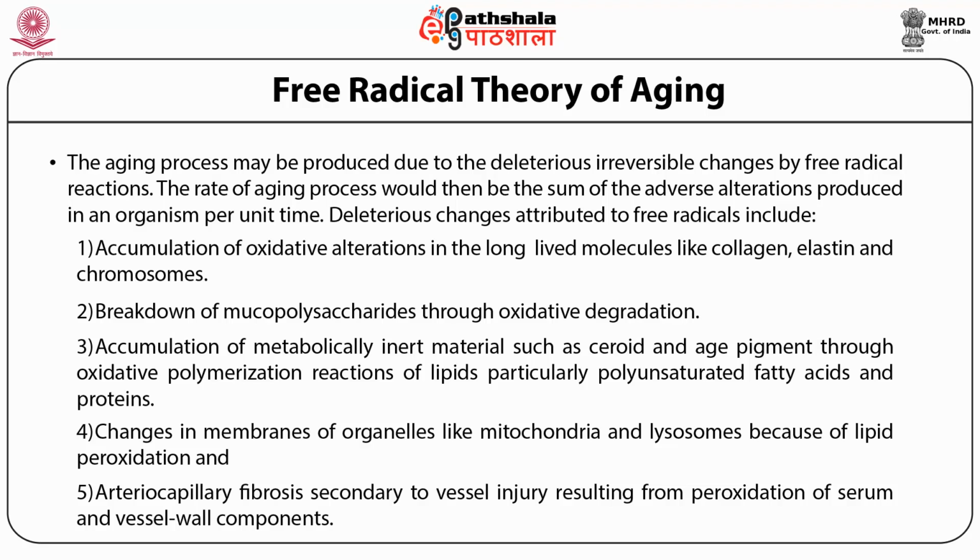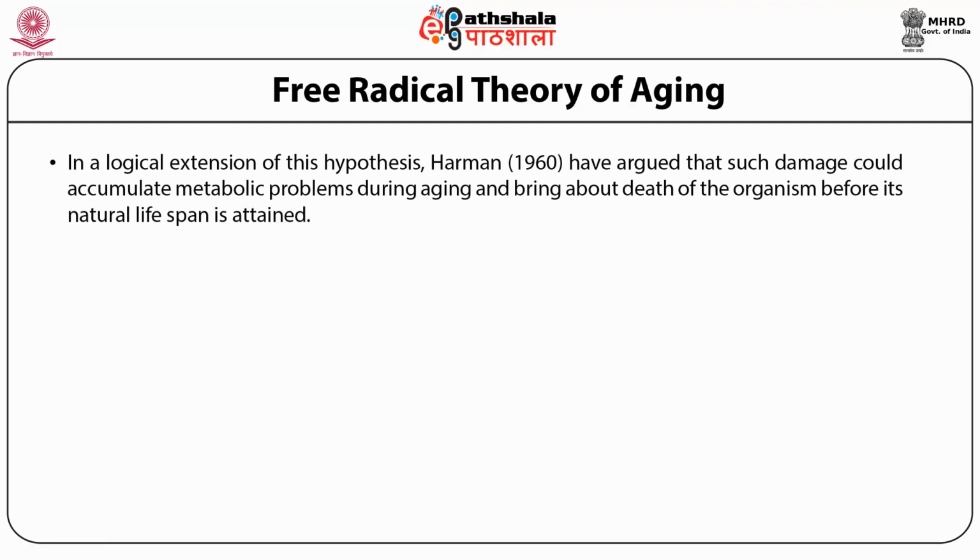The hypothesis is that free radicals generated in excessive amounts from cellular reactions or from environmental factors may cause damage to cellular membranes and other components. In a logical extension of this hypothesis, Harman has argued that such damage could accumulate as metabolic problems during aging and bring about death of the organism before its natural lifespan is attained.